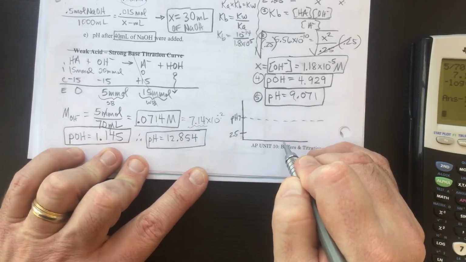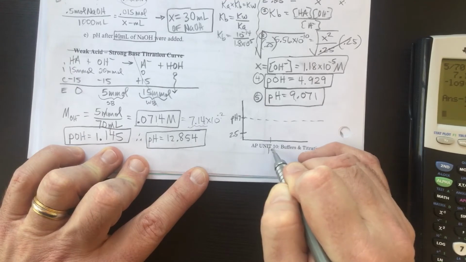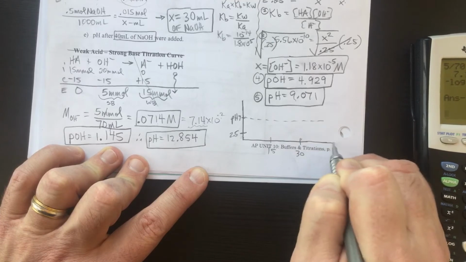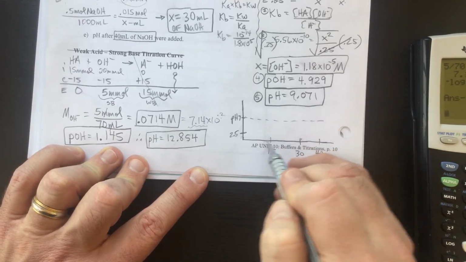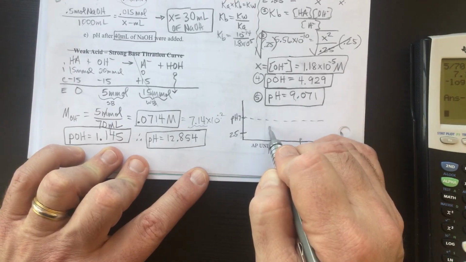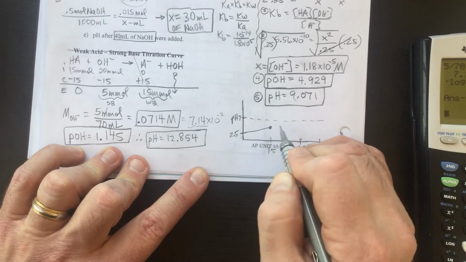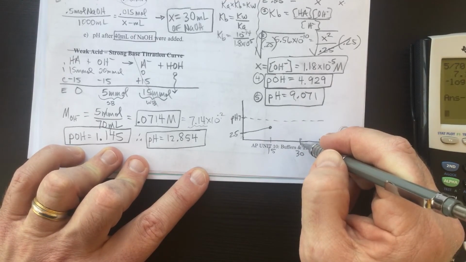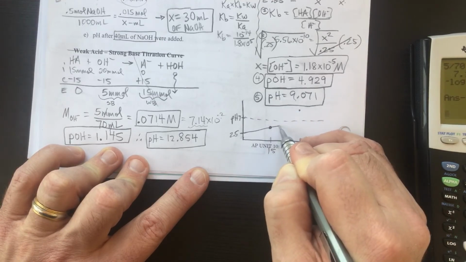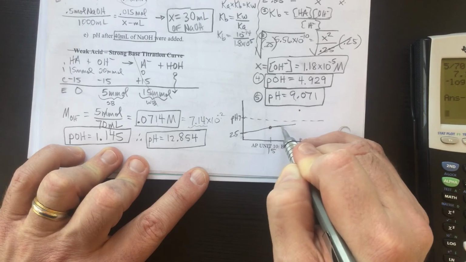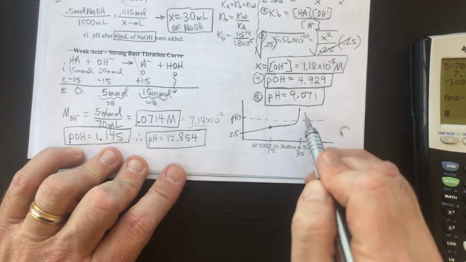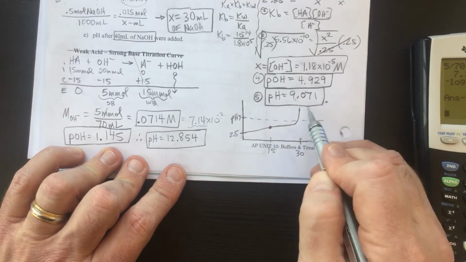And we had 15 mils added, and then 30 mils added, and then 40 mils of added base. The pH at 15 rose to 4.7. The pH at 30 mils rose to this 9.07. And remember, before the lockdown, we pointed out how the pH skyrockets at the equivalence point. And then we go 10 mils past, and the pH rises to that nearly 13.